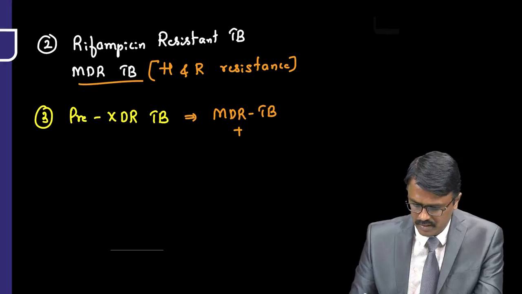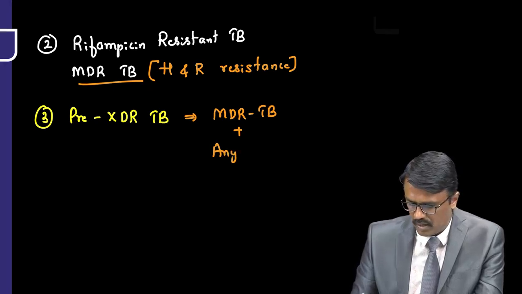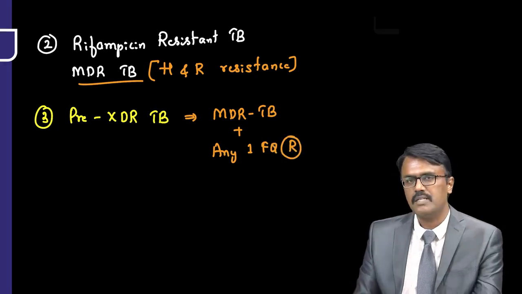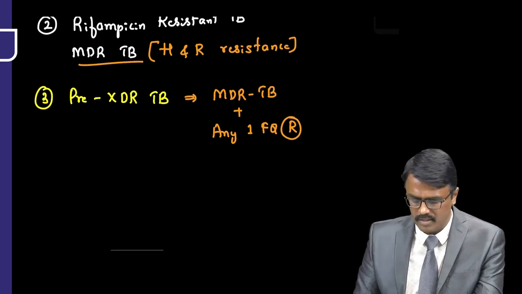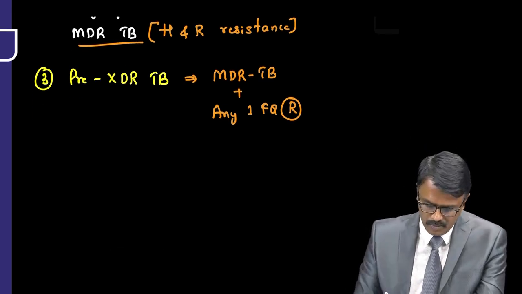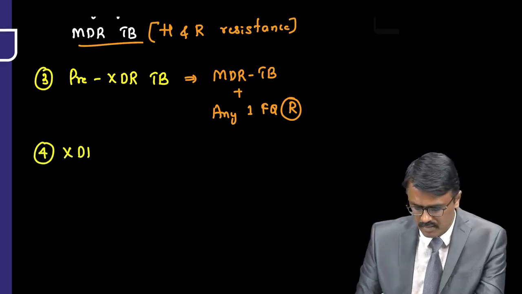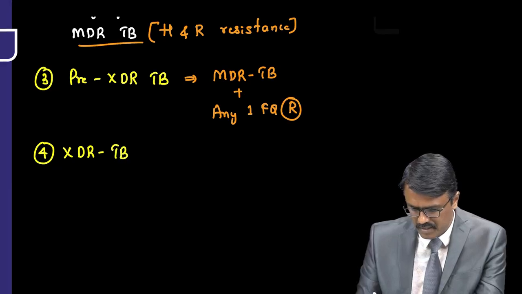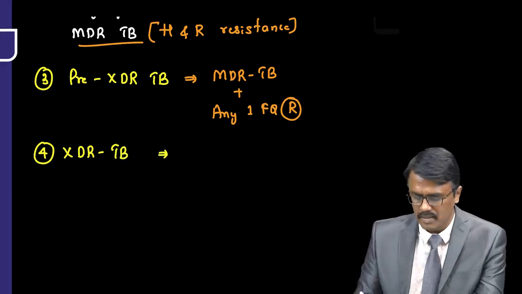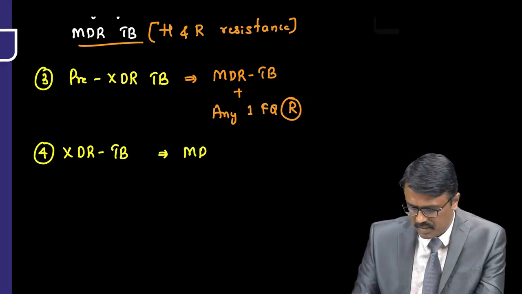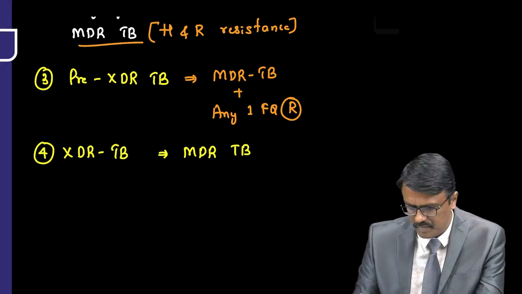He will have any one fluoroquinolone resistance, like moxifloxacin or levofloxacin. The fourth drug resistant TB we need to deal with is extensively drug resistant TB. XDR means extensively drug resistant TB. Here the definition remains the same: MDR TB along with any one fluoroquinolone resistance.